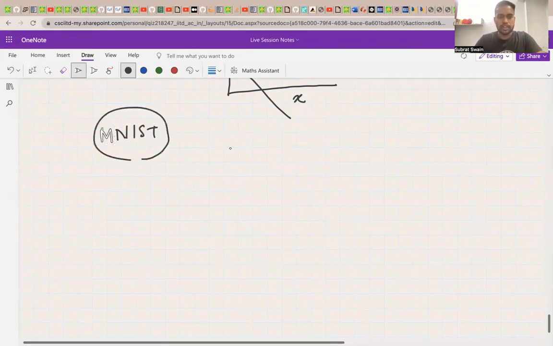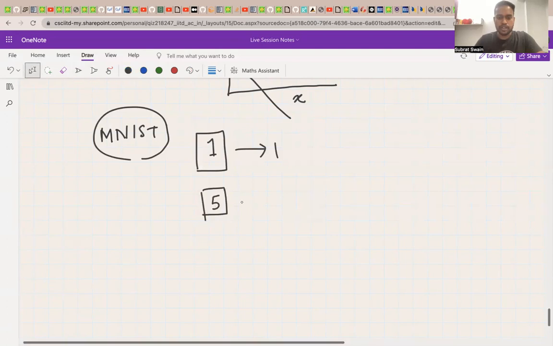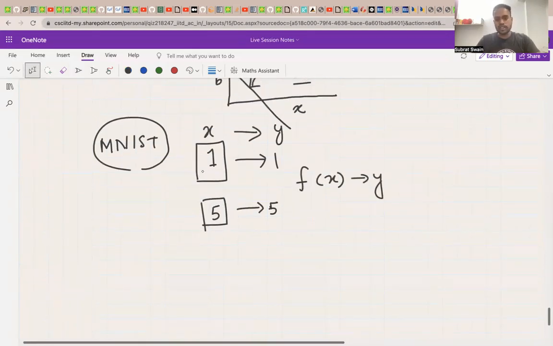Here you'll be given images of digits. You'll be given the image of one, and the label will be one. You'll be given the image of five, and the label will be five. So if this is my X and this is my Y, the problem is the function that takes X and gives out Y. This is a very tough example.